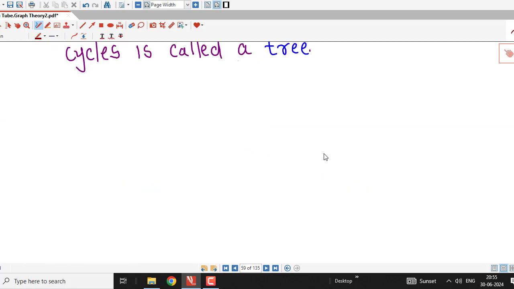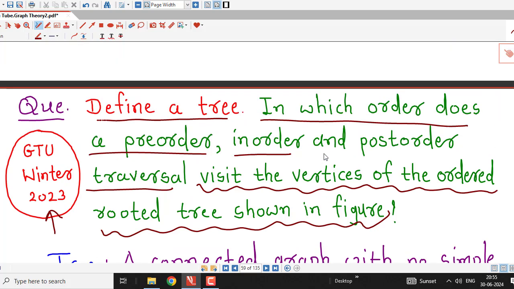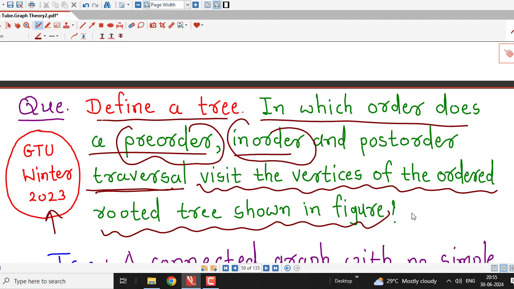Here they have asked the question in a different way. That means we have to decide the in-order, pre-order and post-order traversals for the given rooted binary tree.